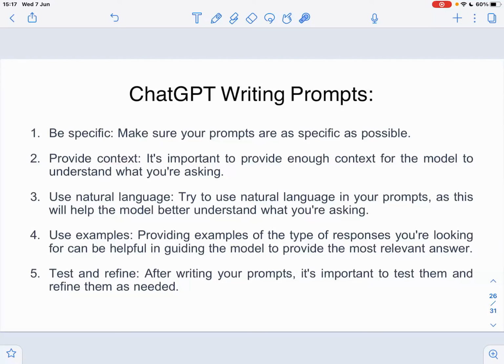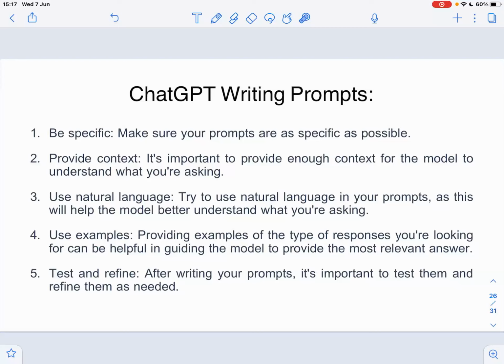I always tell ChatGPT, you are a biochemistry professor, or you are a KS3 biology teacher, or something like that. That gives context, and the AI will be more likely to produce a meaningful result. As Cesare said, use natural language. Try to speak to it like you would speak to a mate.